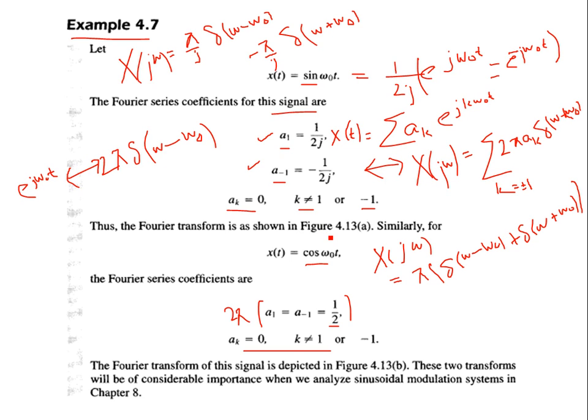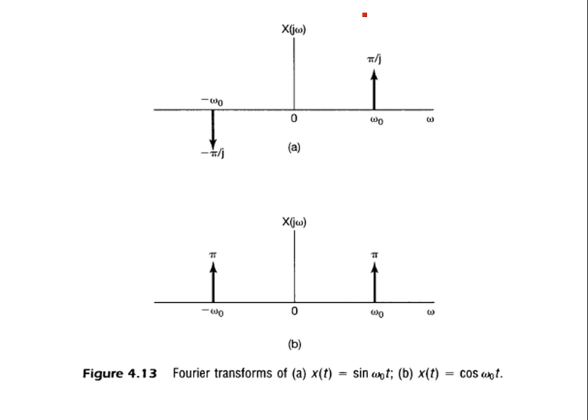So cosine and sine consist of two exponentials, so of course there will be two delta functions. It's just the Fourier coefficients that are going to be multiplied by 2 pi. For example, 1 over 2j and 1 over 2 are multiplied by 2 pi. So you will have impulses with weights of pi over j and minus pi over j for the sine function, and pi for the cosine function.